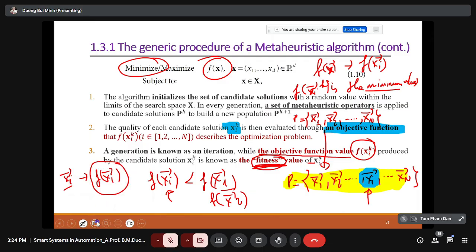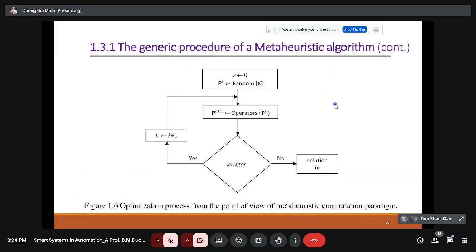In summary, if we minimize f(x) and f(xi) is the lowest, then xi is the best, optimal solution. And at the beginning, we randomly set up the population.